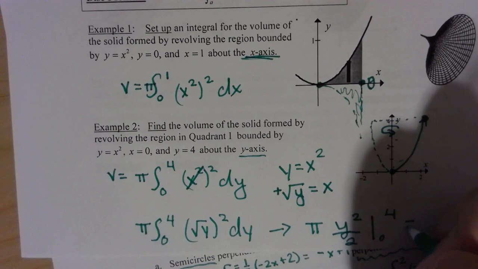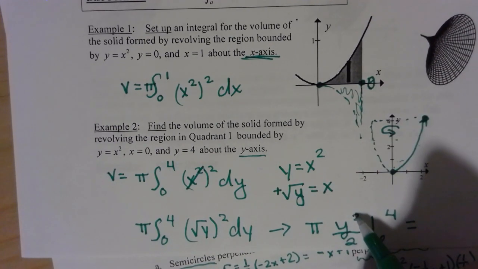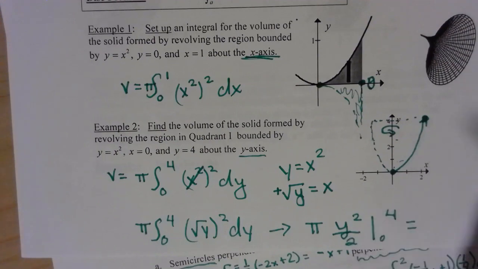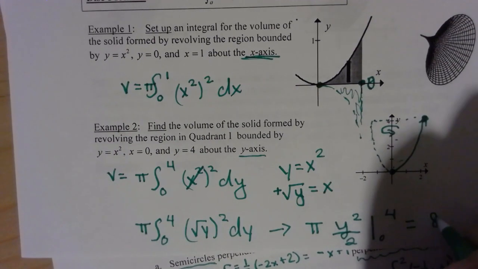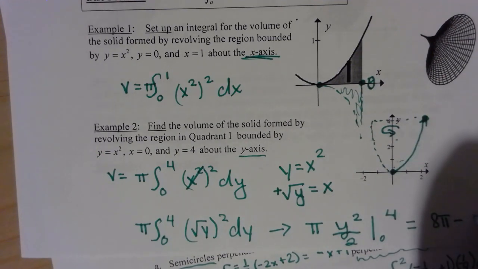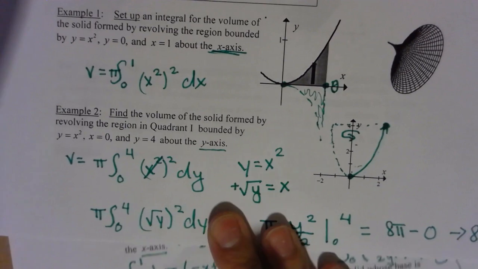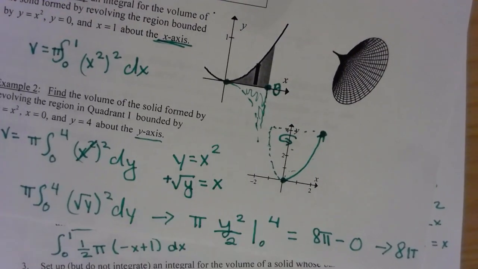When I plug 4 in, I would have 4 squared is 16. 16 divided by 2 is 8. So we'd have 8 pi minus, if I put 0 in, I get 0. So our volume is 8 pi. Very good.